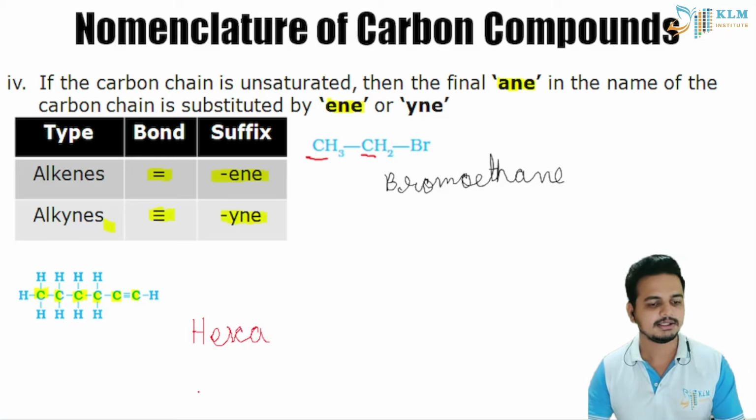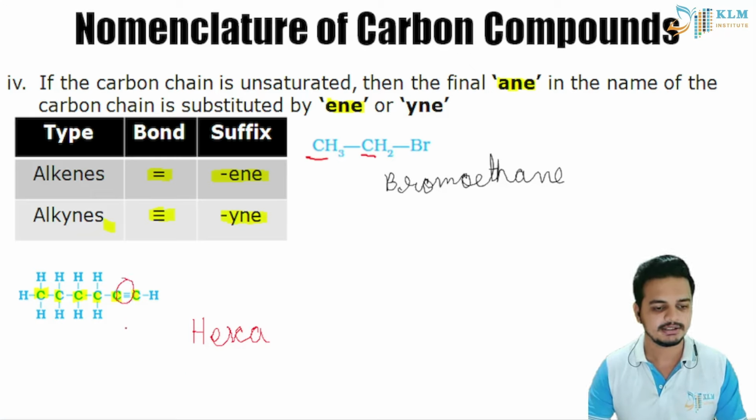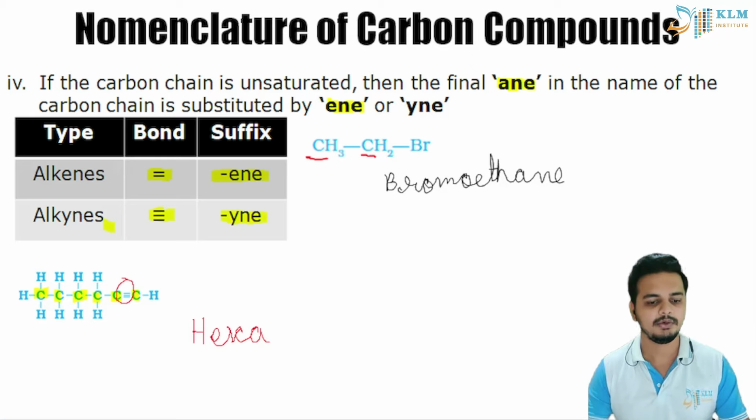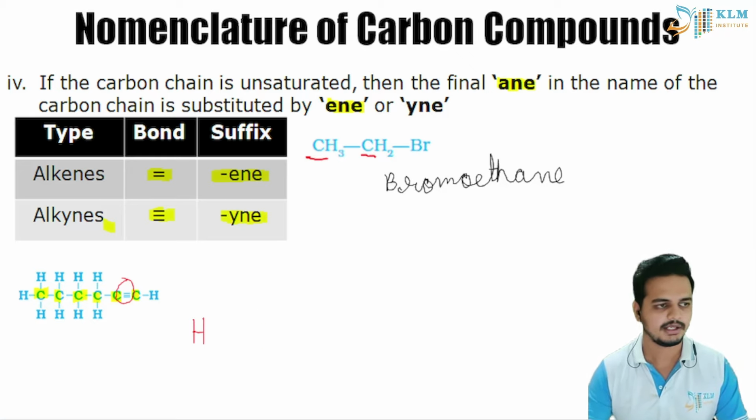Is there a double bond or a triple bond? Yes, it is right here. So what do we name the compound? It is hexyne. We will remove the final A and make it YNE, hexyne. So this is the name of the compound.